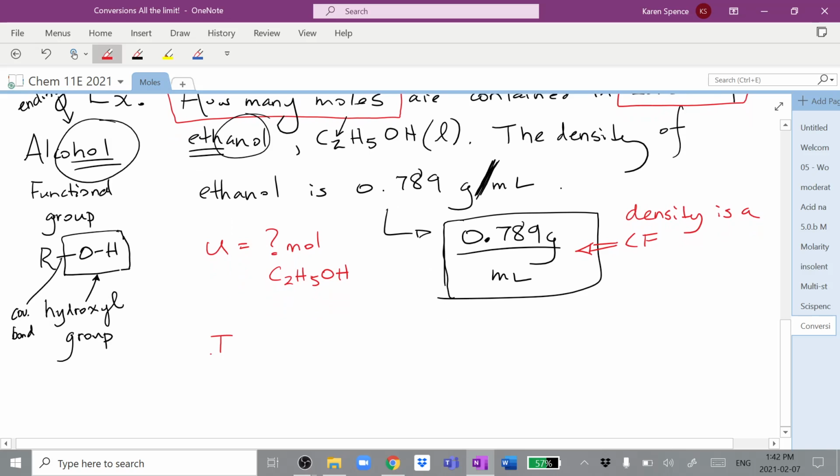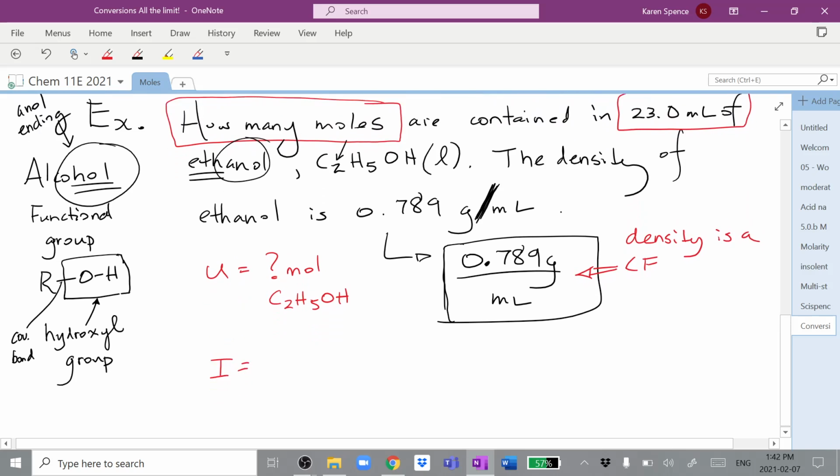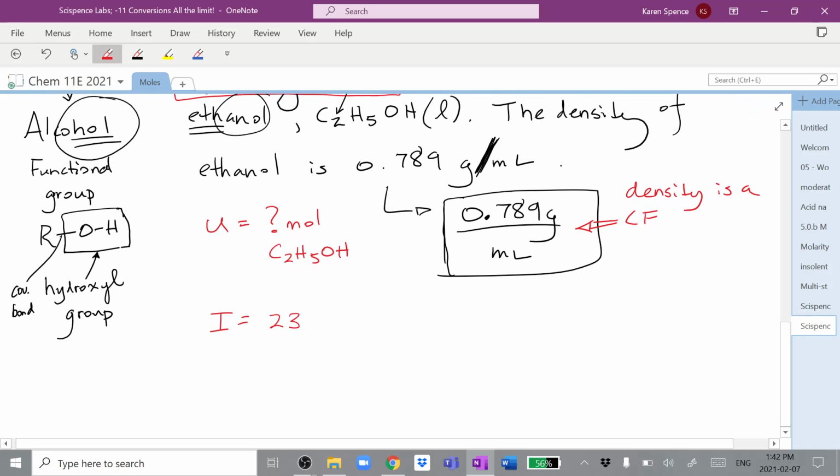So our initial quantity is 23.0 milliliters of ethanol, C2H5OH. And guess what? Our density is given in grams per milliliter. So our units of volume agree already, so we don't have to convert either of them, which is super nice.